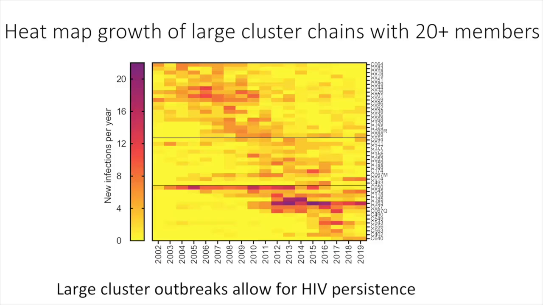If we look at a heat map to explain how large clusters have persisted over time, one can see individual clusters illustrated on the right, the different 50 clusters. Expansion is not simply over the narrow framework of primary HIV infections, like small clusters where 2 to 5 individuals share a common virus that spreads and ends.